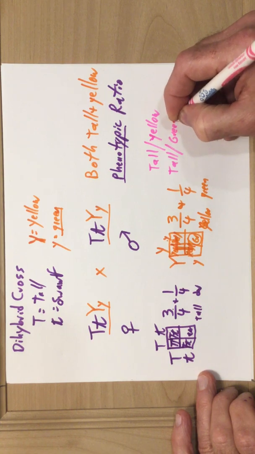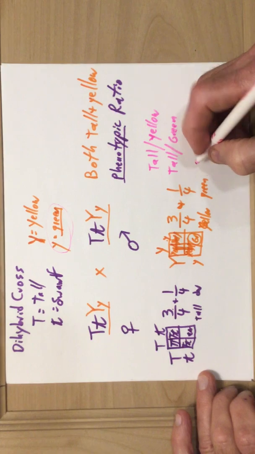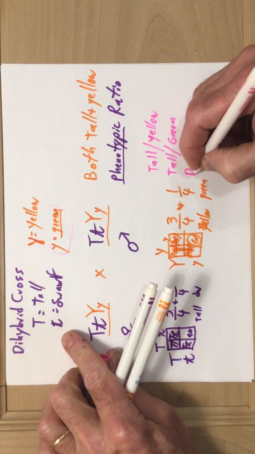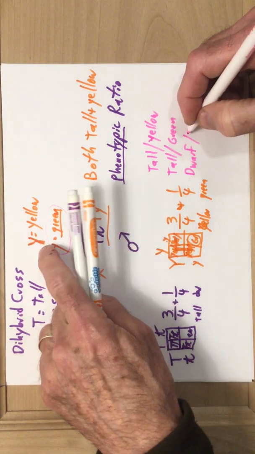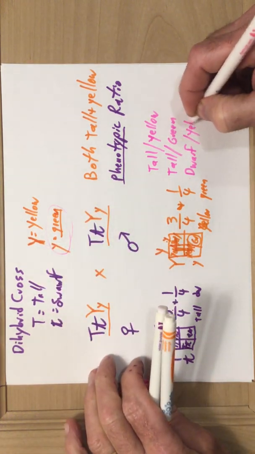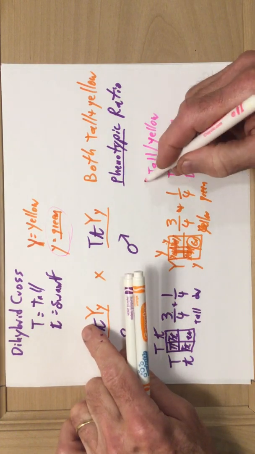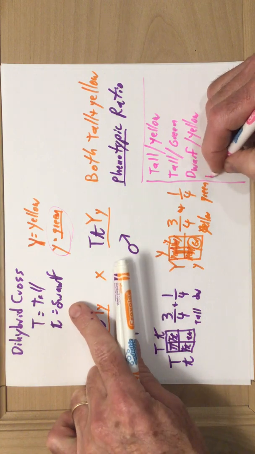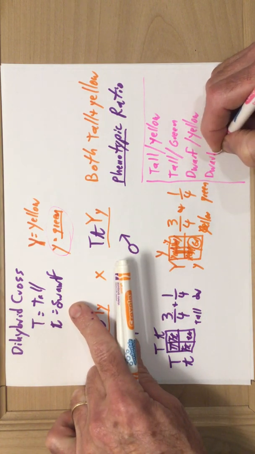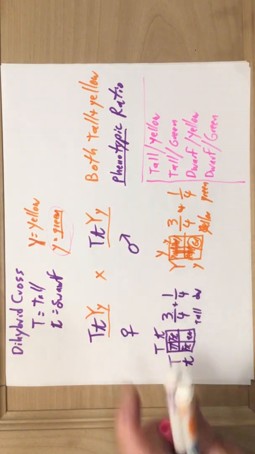That's going to be a little harder to get because the green is a recessive version, right? I could have a dwarf yellow plant, because yellow is the other dominant, okay? That's going to be a little harder to get. And then the hardest one to get by far is going to be dwarf, because that's a recessive, and green, double recessive, okay?